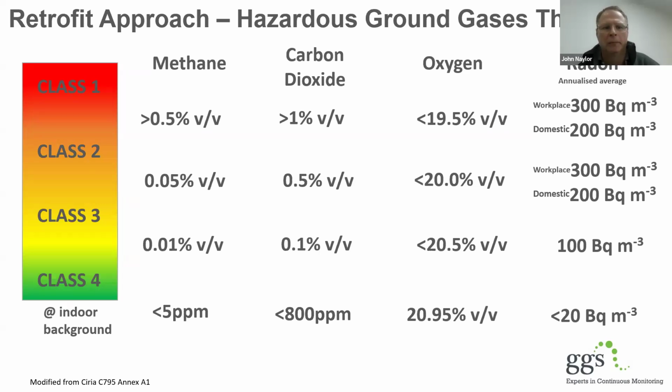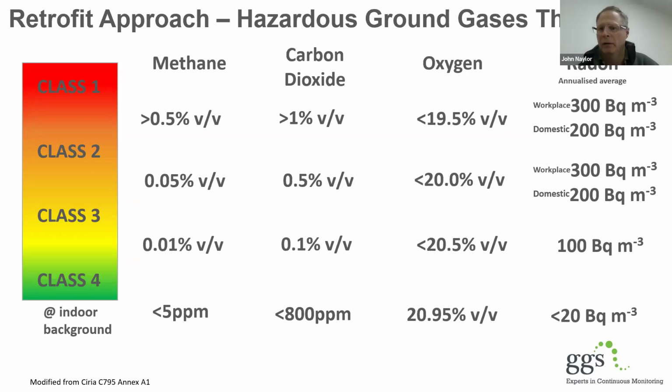Okay. CO2 is very different. Even though it's got those higher levels for the classes as you go down, just bear in mind that carbon dioxide can have physiological effects at lower concentrations.